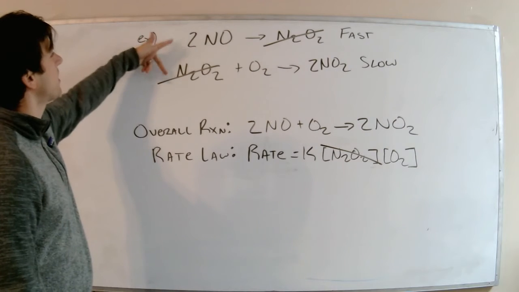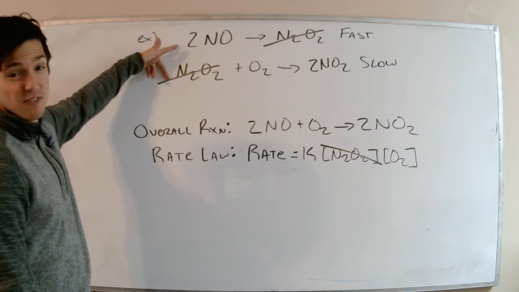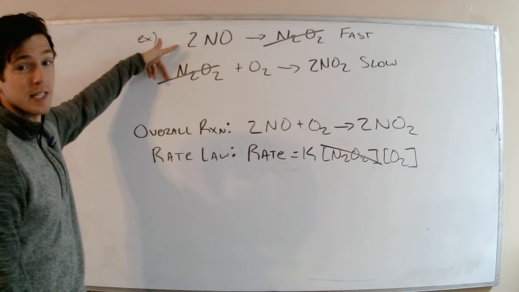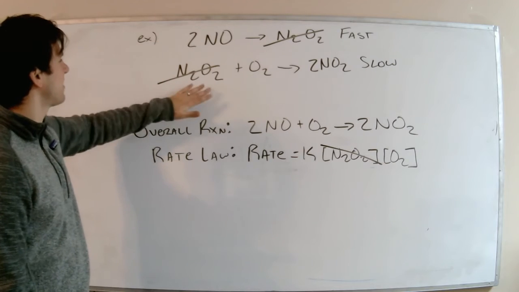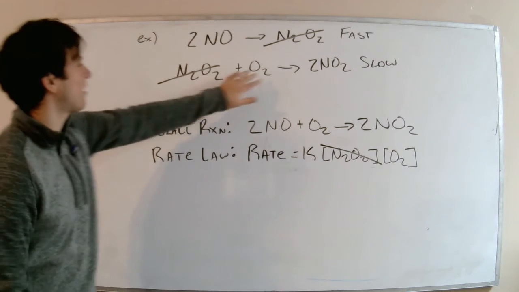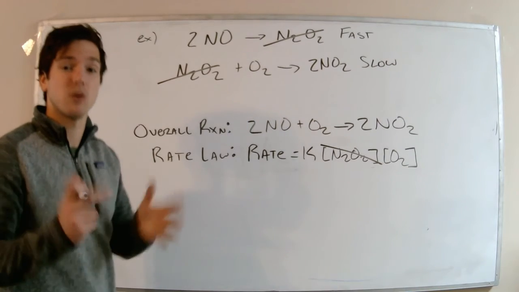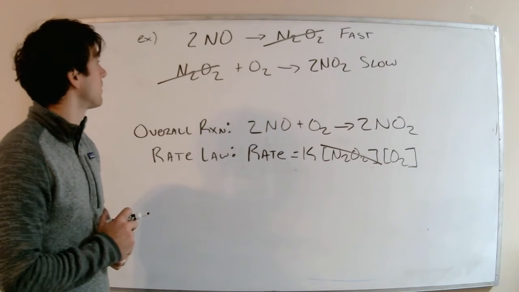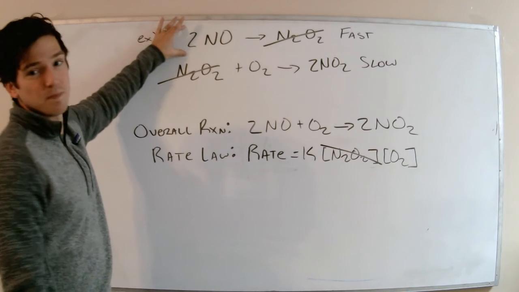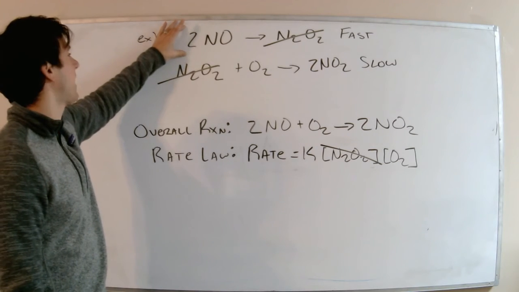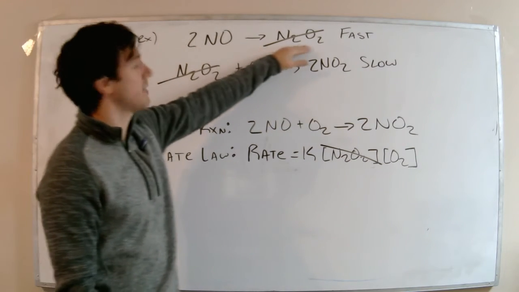Well, I'm gonna look at my mechanisms and see if there's anything that's comparing it to N2O2. I look down here, here's N2O2, but that also includes O2. So we can't just use that. We gotta find something that is solely N2O2. Well, if we look at our first step here, you could see that I got two NOs that are becoming N2O2.